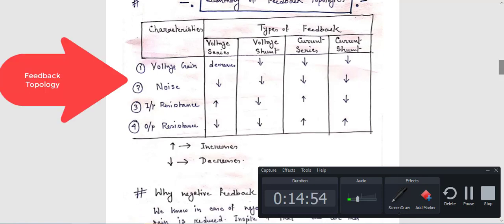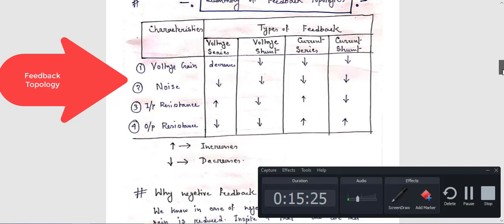Here I have used two types of arrows, a downward arrow and an upward arrow. The upward arrow denotes an increasing value and the downward arrow denotes a decreasing value.